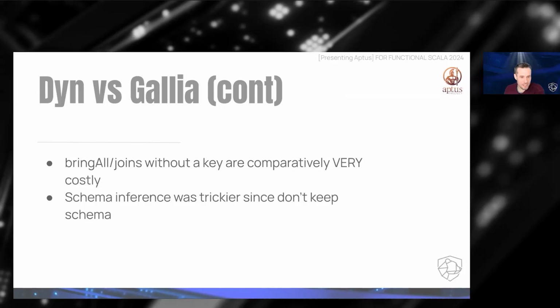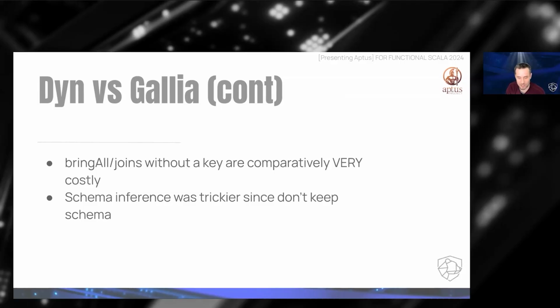And lastly, the only thing that I wanted to talk quickly about is the DIN module. It's very interesting to have written Gallia before having written Aptus, because you learn a lot about data manipulation if you write libraries like that. And it's all the more interesting if you go from a much more difficult library to a much simpler one. There are certain things that I did not think about at all when I started doing the Aptus DIN version.